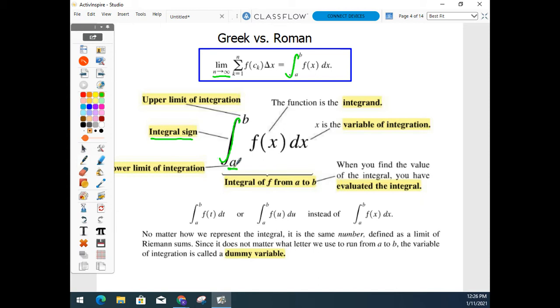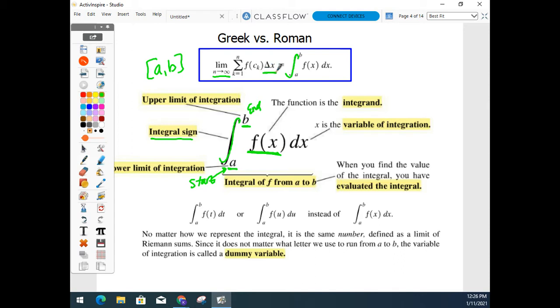This A and B goes directly from your interval. We're going from A to B. So this is the start, and this is the end. This is the actual function.